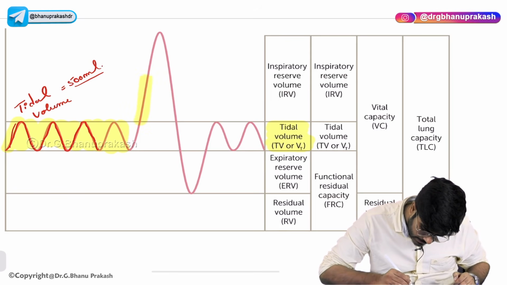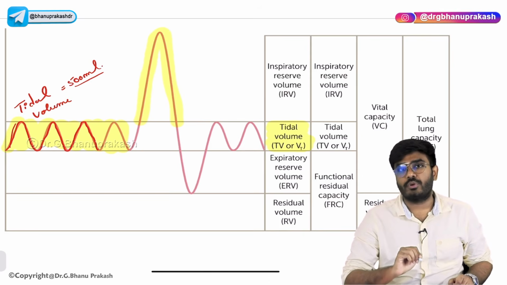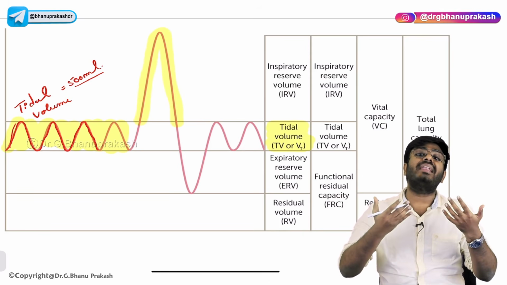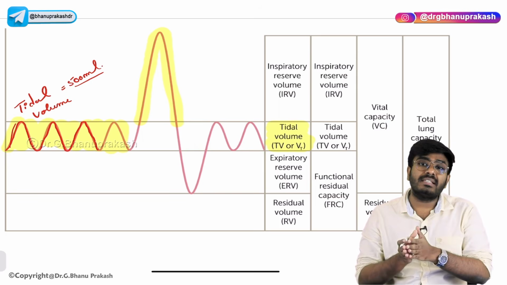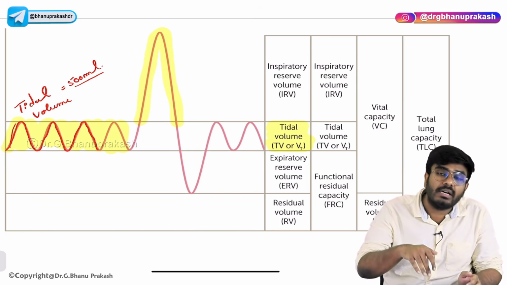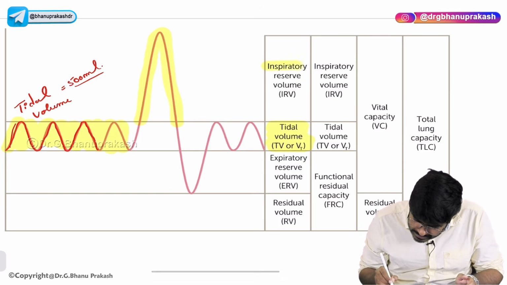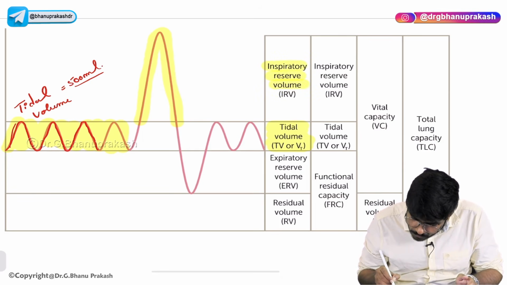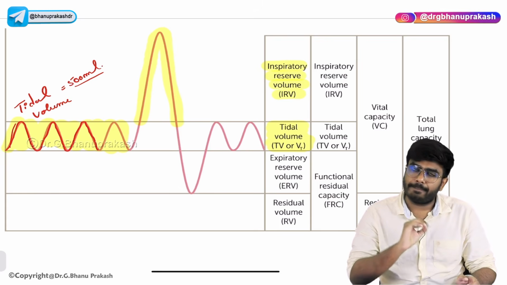In this area, this curve or this graph which I am showing you is the extra air one can take before passing a dumpster or while taking a dive into a river. So, that is called inspiratory reserve volume or IRV.